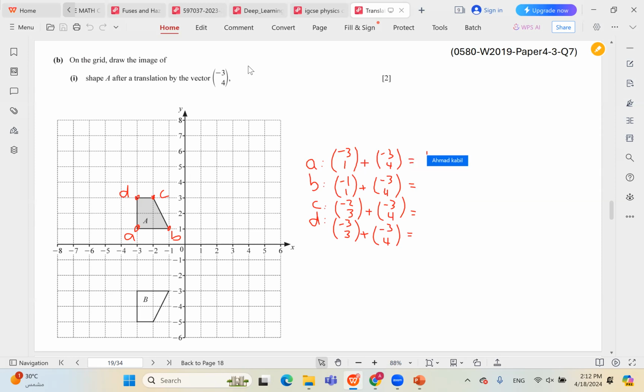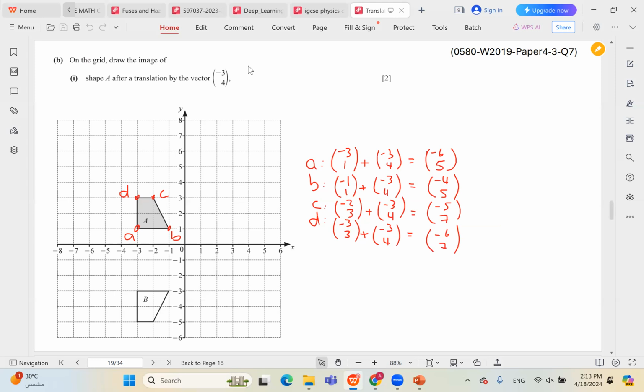So we get -6 and 5, -4 and 5, -5 and 7, and -6 and 7. We try to plot these on the graph.